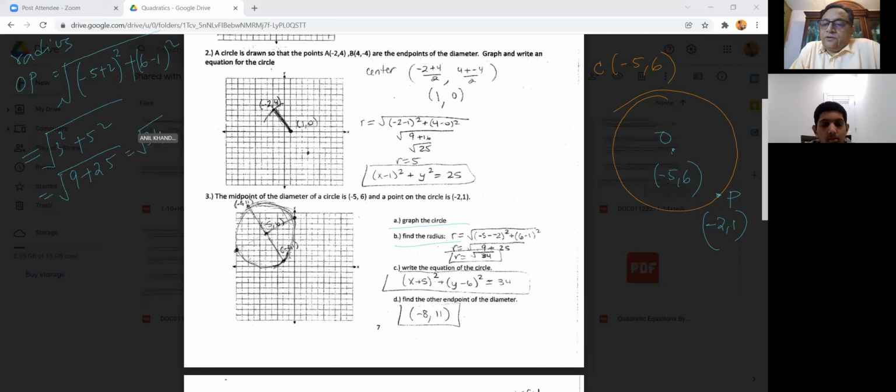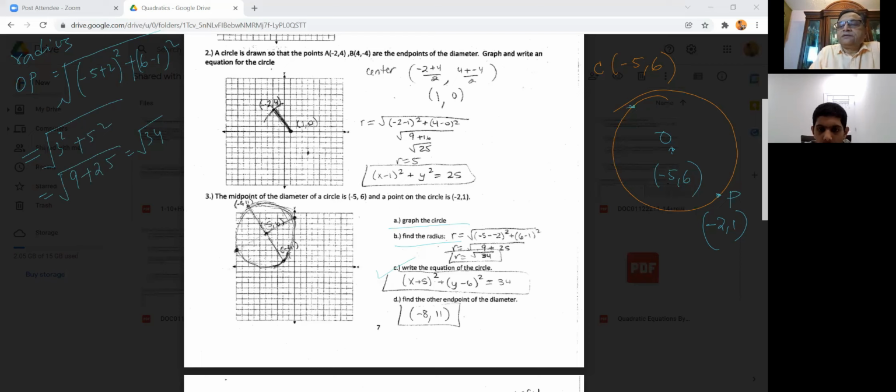So the radius is the square root of 34. We know the center, so we can always graph the circle, right? Yeah. To graph the circle, you could also find the point on the other side, right? Yeah. This being a midpoint, you can find the point on the other side. Now we have the radius, so we can write down the equation.